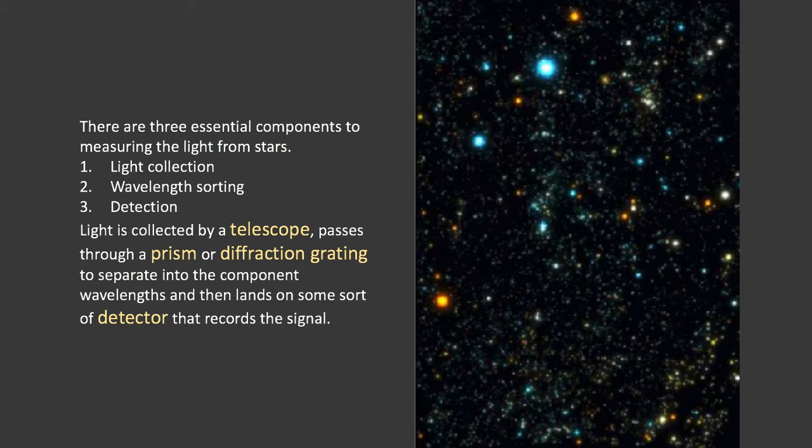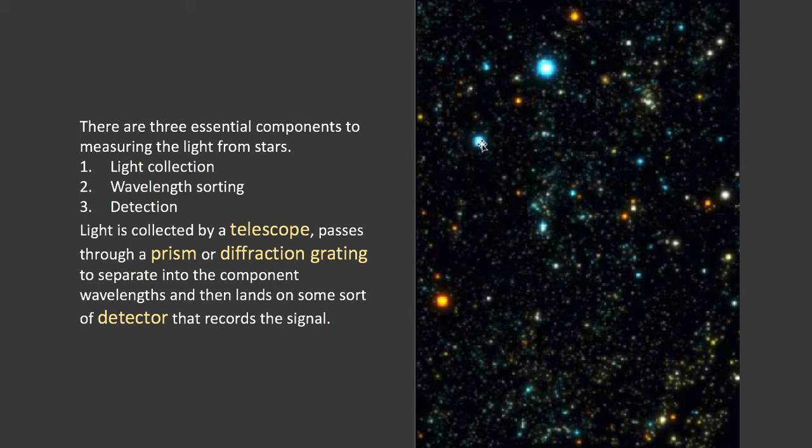Now there are three essential components to measuring the light that's coming from the stars. On the picture at right, we have a region of the sky where you can see how much variety in brightness and in color there is among the stars. Now what we want to do is take that light and learn something about the thing that's emitting the light.